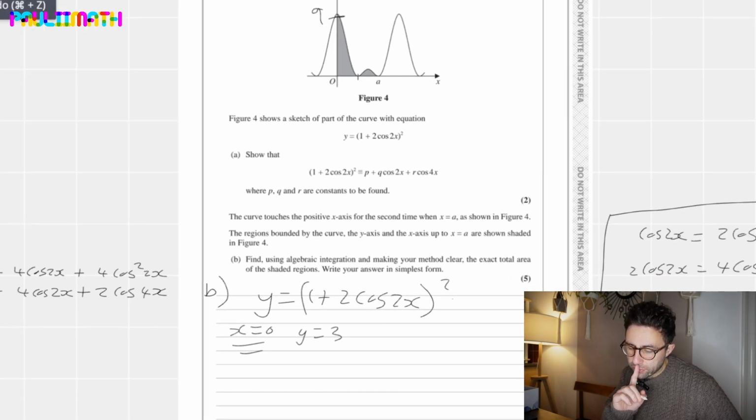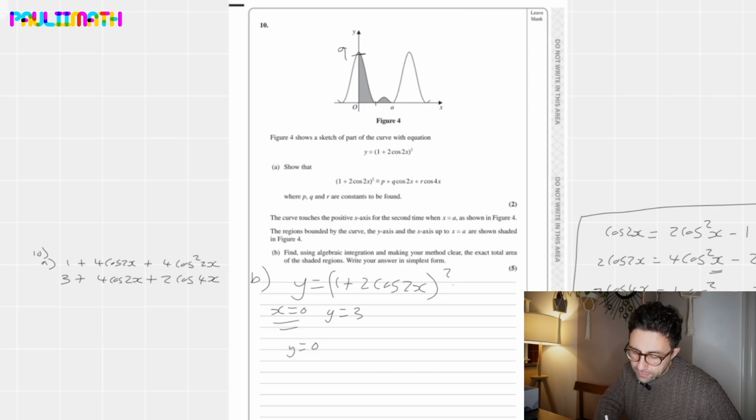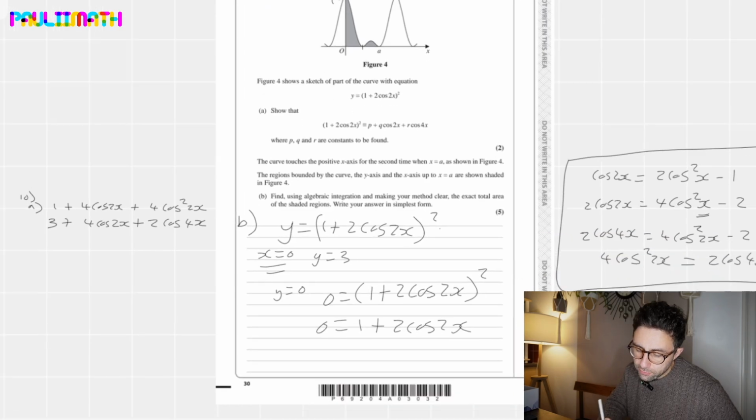It's when y equals 0. Maybe I should have arguably seen that quicker, but we're in now. So when y equals 0, 0 equals (1 plus 2 cos 2x) squared. So square root, 1 plus 2 cos 2x equals 0. Rearranging, cos 2x equals minus 1/2.